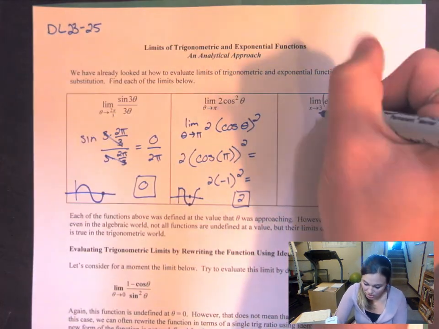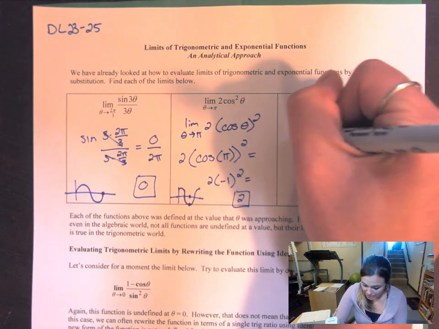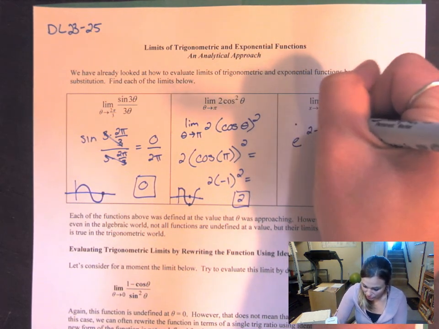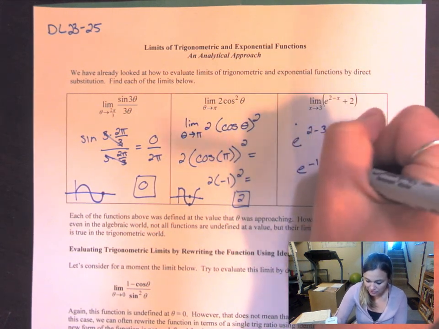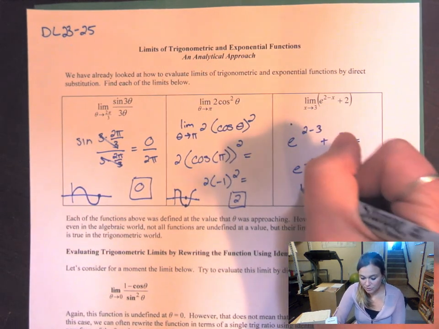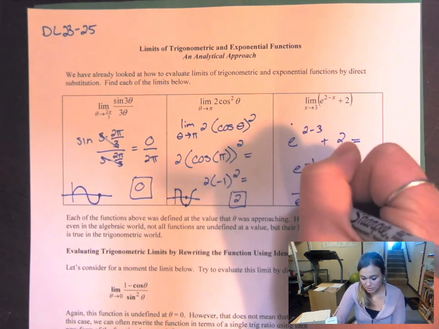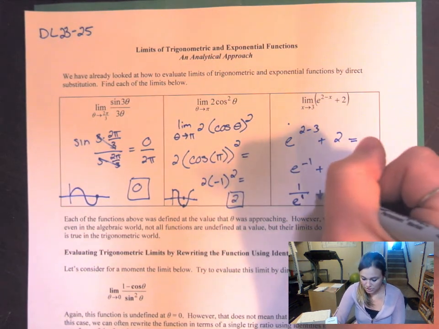Okay, moving right along. I'm substituting in 3, just if I can. So this would be e to the 2 minus 3 plus 2, which is the same thing as e to the negative first plus 2. And anytime I have a negative exponent, I would just rewrite it as 1 over e, and then you can put to the first. You don't have to put the first in here, plus 2.